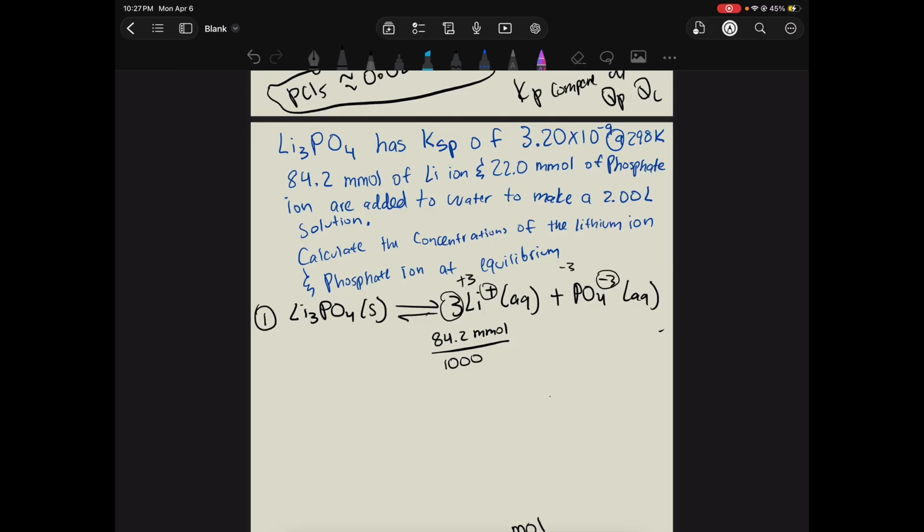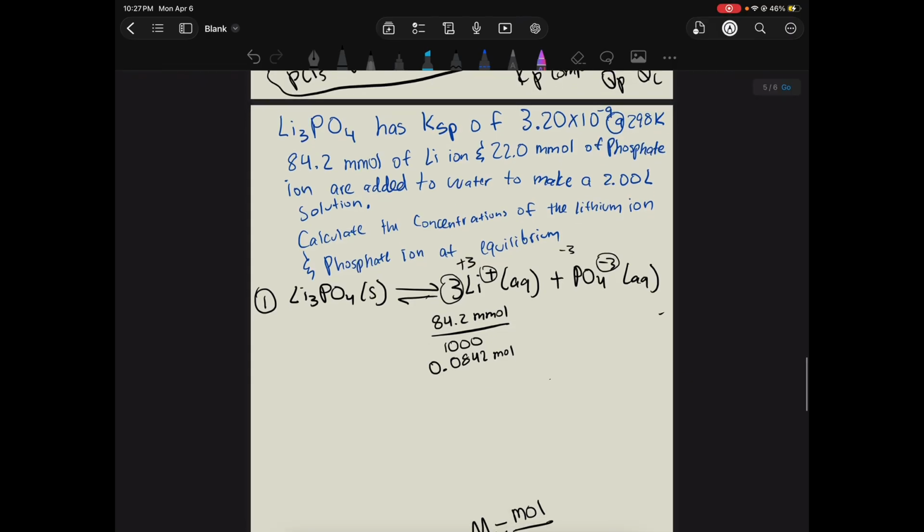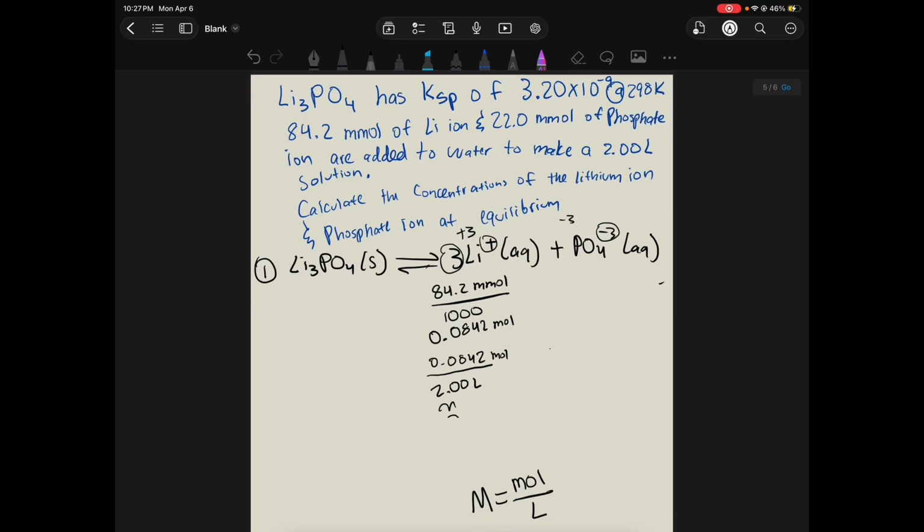So that would get us 0.0842 moles. Then this value of 0.0842 can be divided by the total solution liters, which is 2.00 liters, to get 0.0842 divided by 2, 0.0421, in 3 sig figs, and this is in molars.